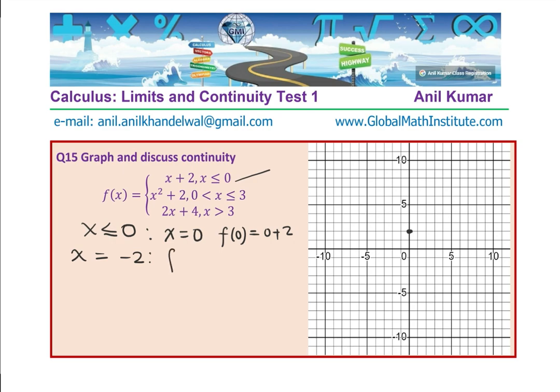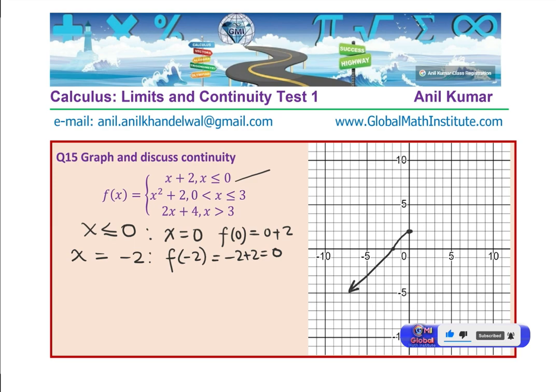At minus 2, the value of the function is minus 2 plus 2, which is equal to 0. So we get another point right there. Based on these 2 points, we can draw one of the pieces of this piecewise function, and there we go, joining them and extending with an arrow. So that is the first part of it.